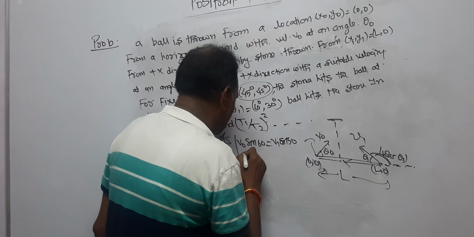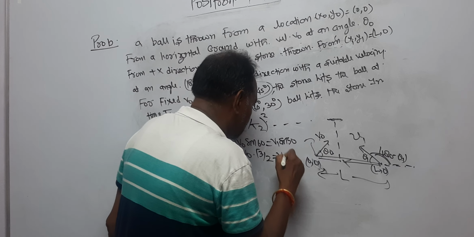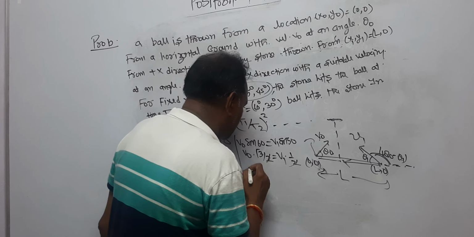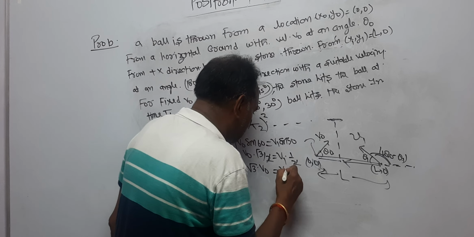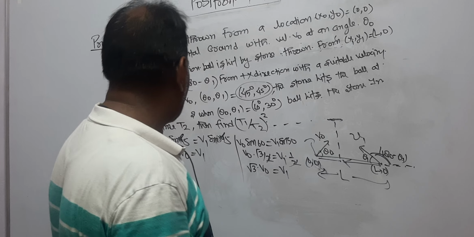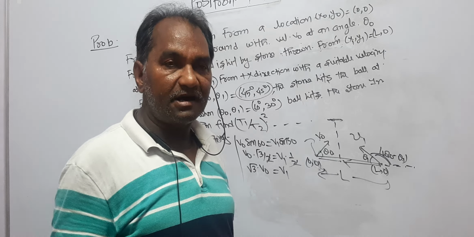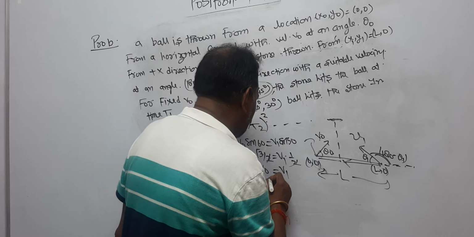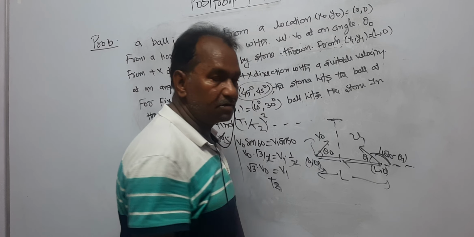Or you can say v0 root 3 by 2 equals v1 into 1 by 2. The 2 would be cancelled, so root 3 v0 is equal to v1. In the first condition, when the stone hits, it takes time t1, and in this condition, when the stone hits the ball or projectile, it takes time t2.